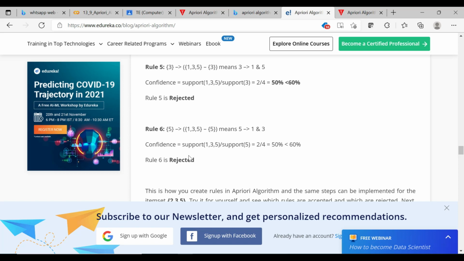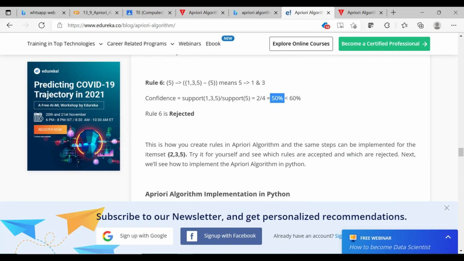Similar to rule number 5, rule number 6 is also rejected because the confidence is less than 60.